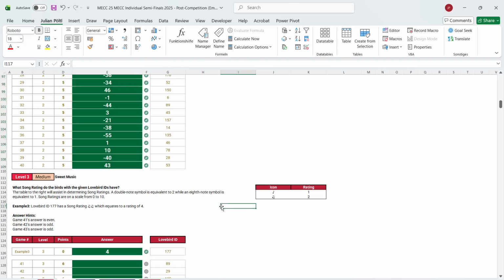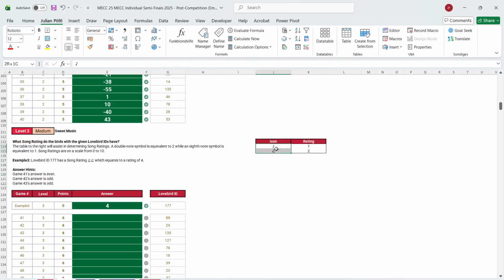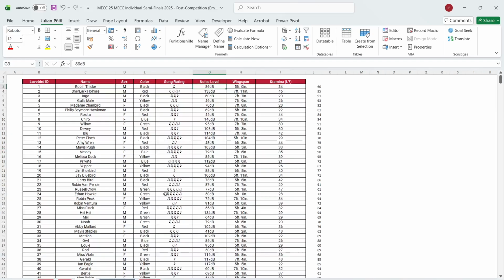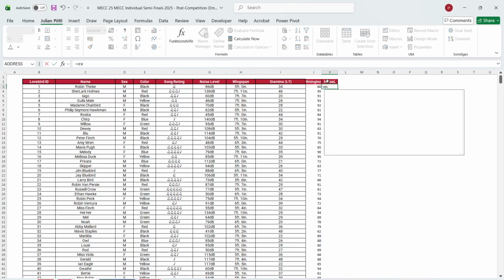Okay. Based on the icon, there's a given rating. I think I need to work more in this table. Wing in inch, and then noise L, extract number from a string.